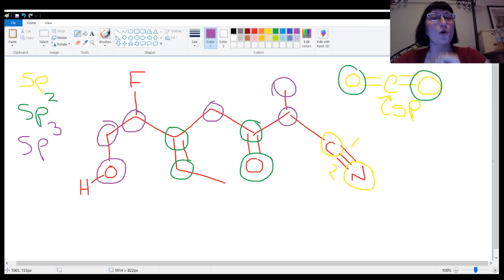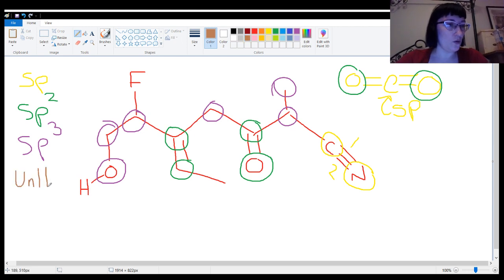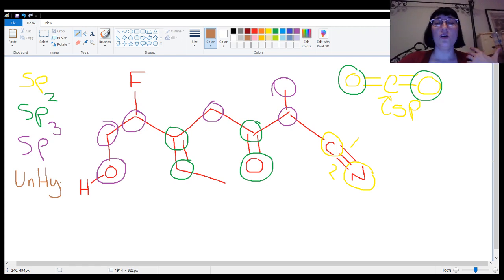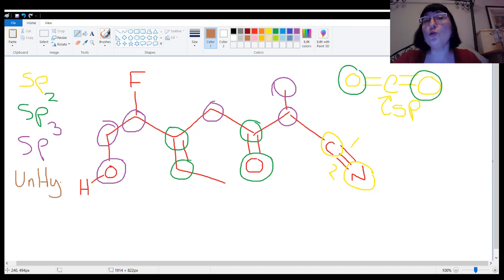Okay, that brings us to a question of how many unhybridized atoms there are. For that one, we're basically having to count up every hydrogen and halogen, right? Because hydrogens can't hybridize, and we're assuming that halogens won't for the sake of this class.